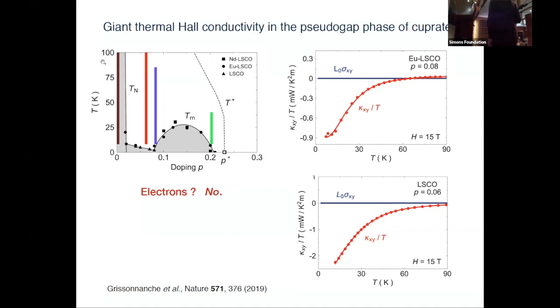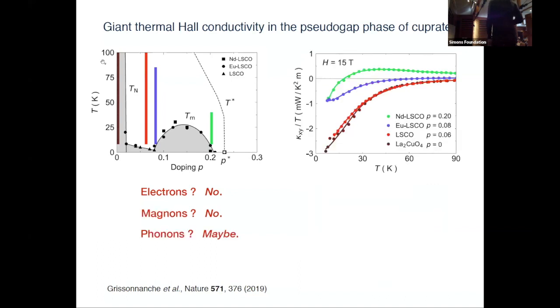So that tells you already that you don't need magnetic order to generate this thermal Hall. So it's not magnons, for example. One nice way to see it is you can compare inside the magnetically ordered phase and outside, and you see the signal is very, very simple. It doesn't care whether you have magnetic order. That's not to say that spin degrees of freedom are unimportant, but it's not the order that actually matters.